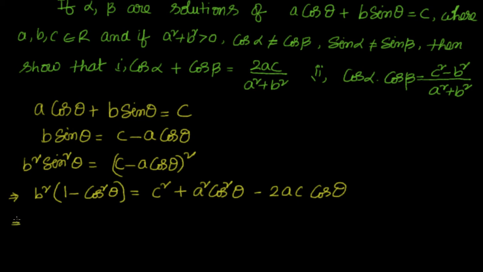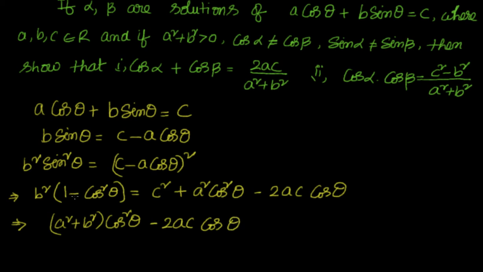Now if I simplify this and convert this into the format a cos square theta plus b cos theta plus c, I will bring everything from the left hand side to the right side. So I will have a square plus b square into cos square theta. I hope you are okay with that. And I will have minus 2ac cos theta.